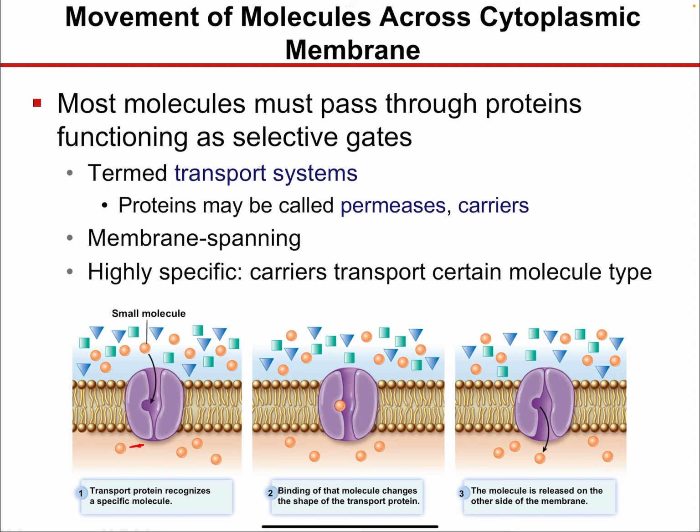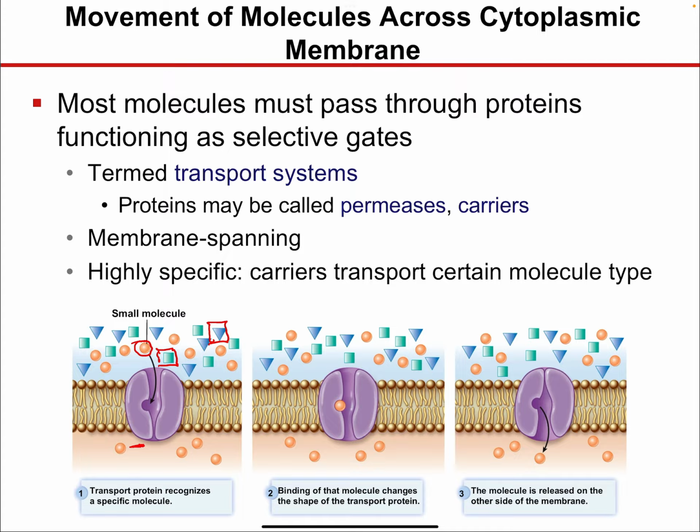In other words, a transporter right here that is able to transport, I'm just going to say anything, glucose, will not know how to transport, I'm just going to say anything again, an amino acid or a nucleotide. Same thing for ions, right? So these transporters are very specific. They are selective as to what they are going to transport.